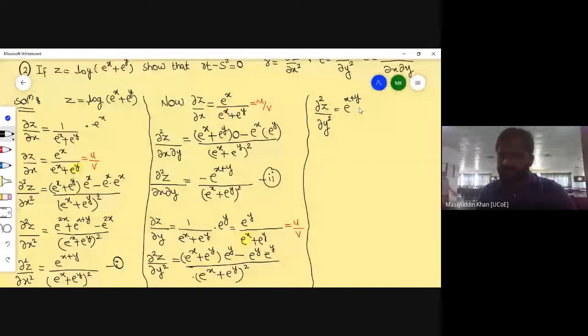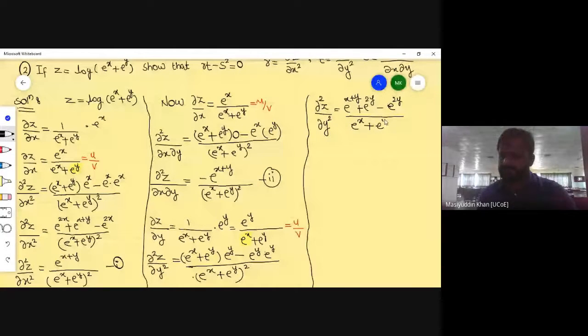We have to add minus e raised to 2y upon (e raised to x plus e raised to y) raised to power 2.